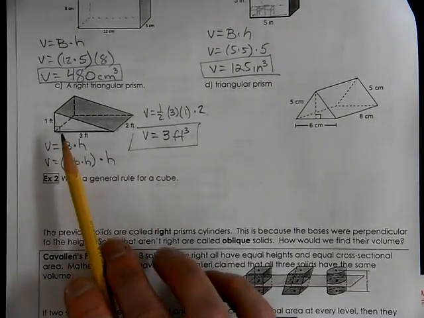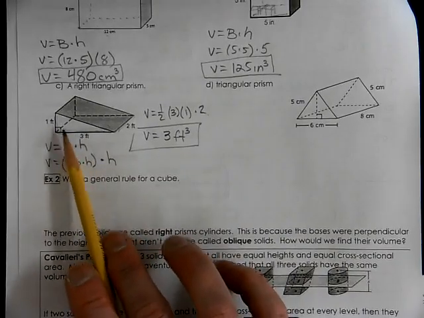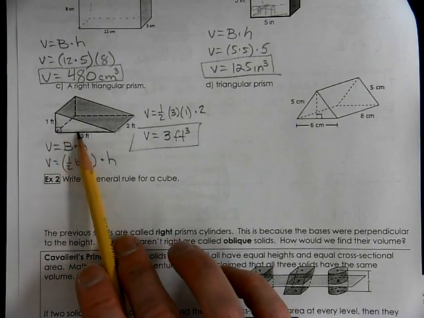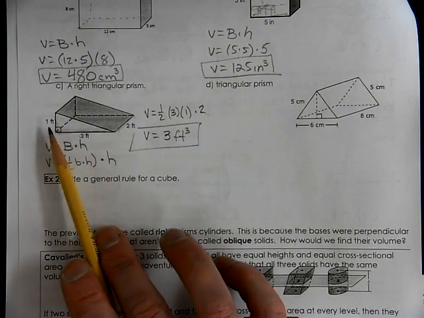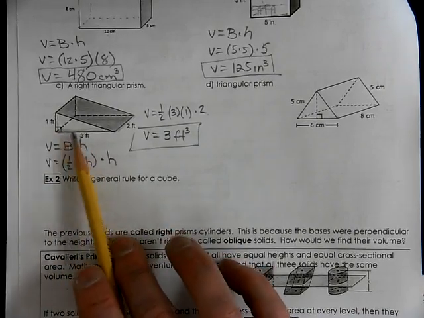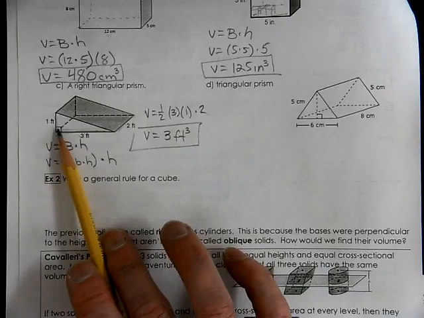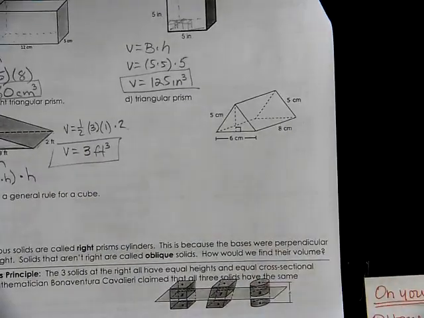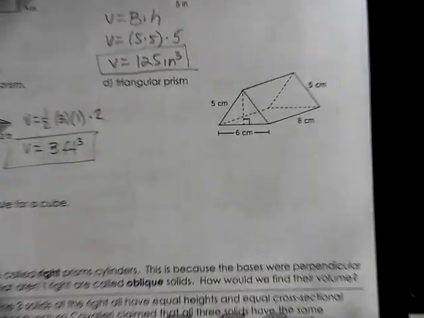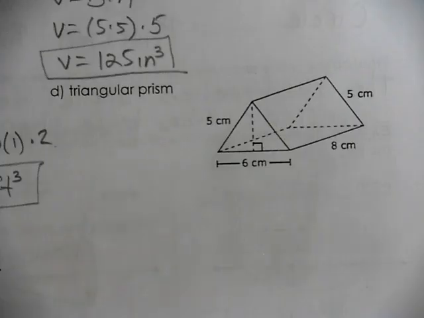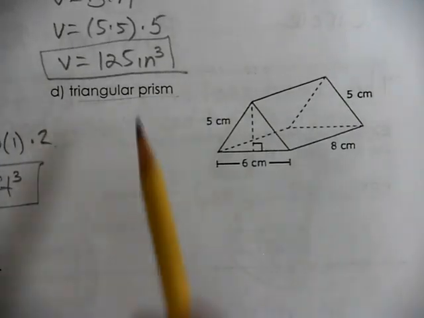So we had to find the area of the triangle, and to do that we needed to know a perpendicular side, a perpendicular measurement of our triangle to figure out height and base of the triangle. We come over here to this one. What shape is this? It's a triangular prism.